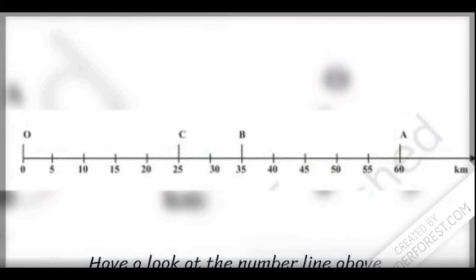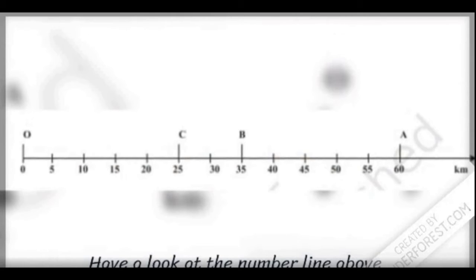For the motion of the object from O to A, the distance covered is 60 kilometers, and the magnitude of the displacement is also 60 kilometers. During its motion from O to A and back to B, the distance covered is 60 plus 25. What is it? Yeah, you're always right, 85 kilometers. Well, the magnitude of the displacement is 35 kilometers.